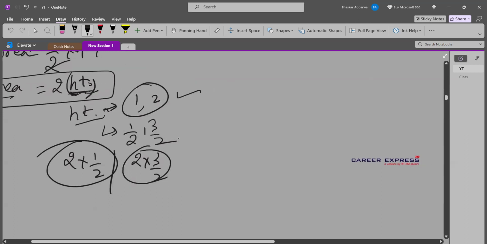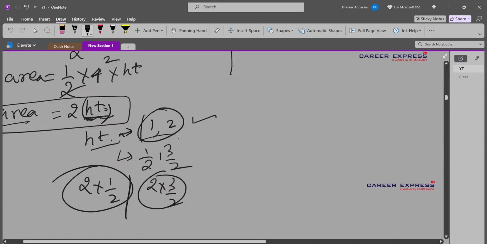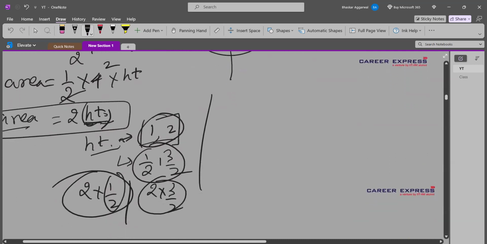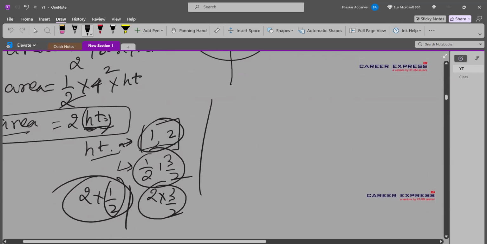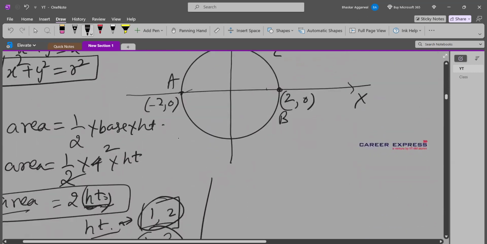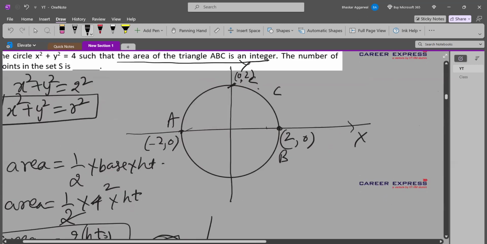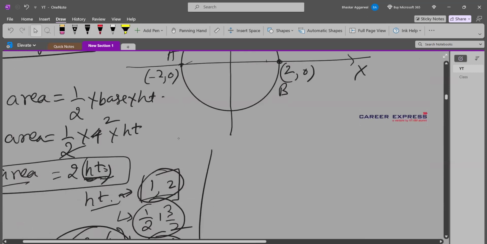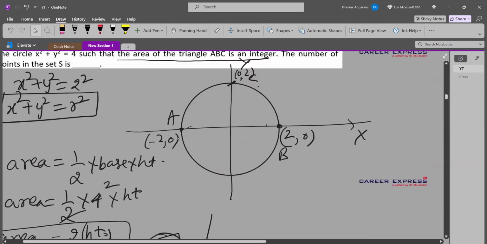Right? So height can be 1, 2, or height can be half or 3 by 2. Now, if that is the case, we can say where can we have the point C if height is 1 or 2. Now, y coordinate being 1 or 2 is possible in first quadrant.